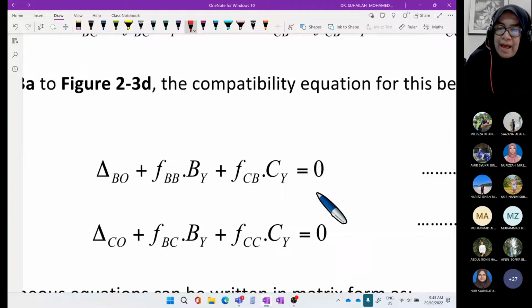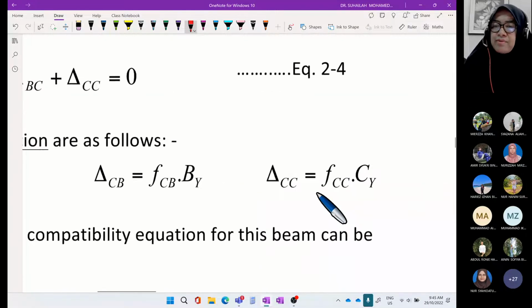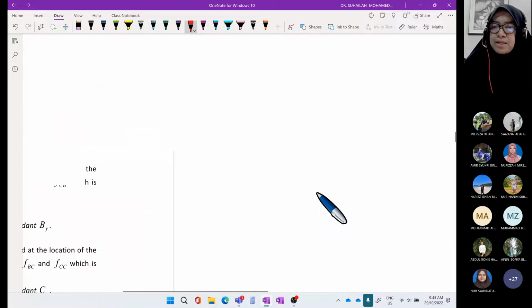FBB times BY, FBC times CY actually. Please correct it here. Correct it: FBB times BY, FBC times CY. Refer back to this diagram.